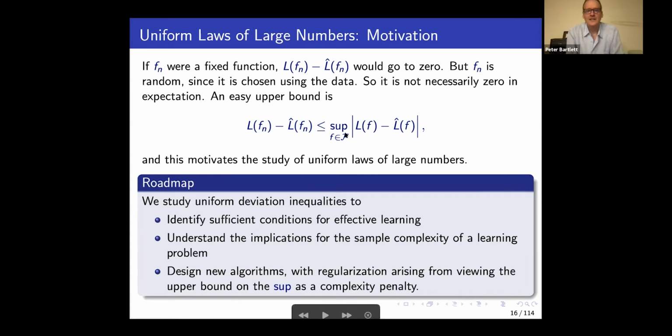Yeah, so that's right. We're always thinking about these functions as being from the class F, at least at this moment in the talk. The point is that, yeah, there are a few different things floating around here. Let me go back to the slide.